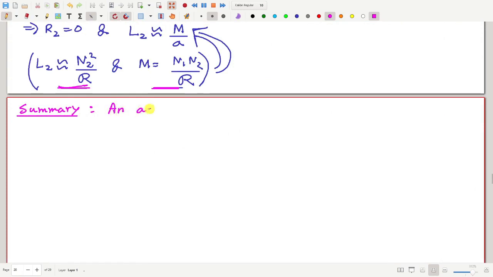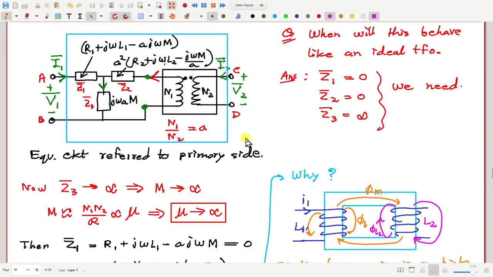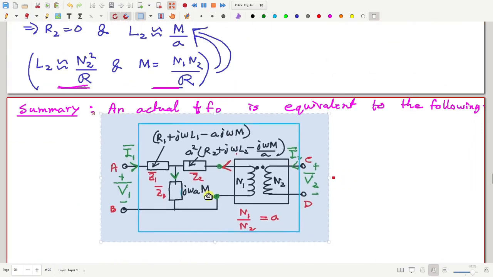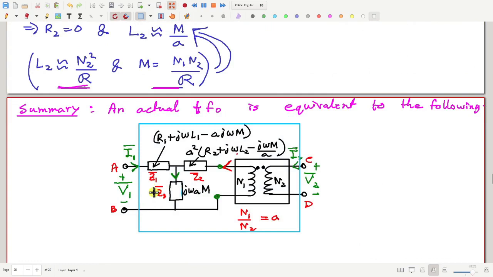An actual transformer, I will write it as TFO in short, is more or less always equivalent to the following circuit, basically this circuit.